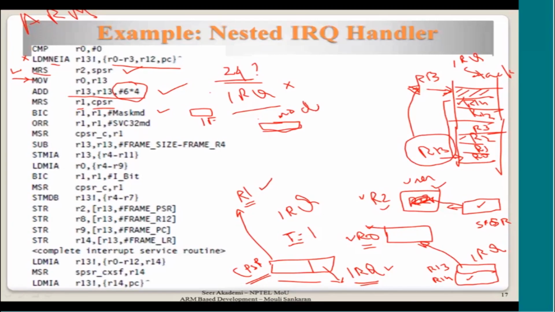So that is masked, and then we are ORing it with the SVC mode value. Basically, in R1, the mode bits we are changing to SVC mode. Still the processor has not moved to SVC mode. R1 is modified so that we can write that R1 value there. So we are changing it to SVC mode.